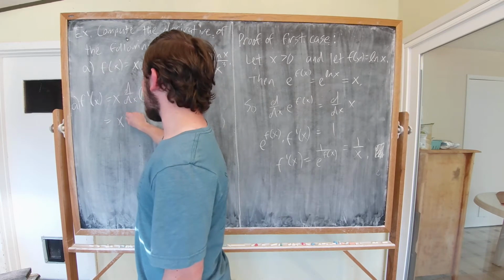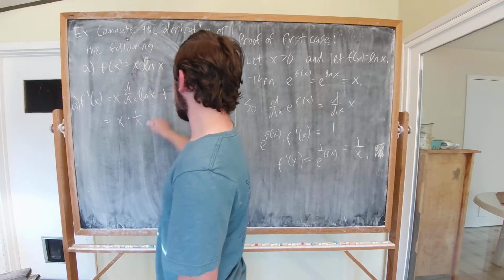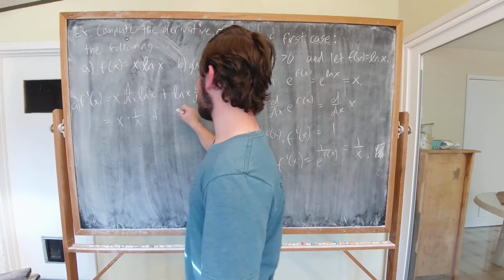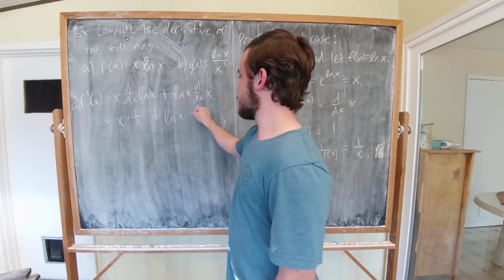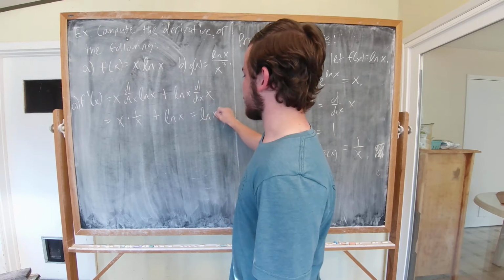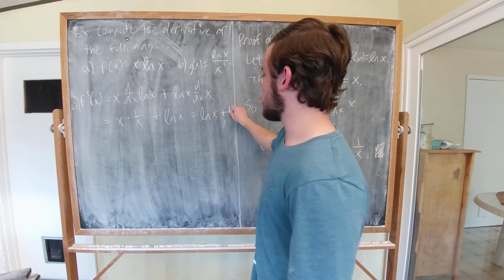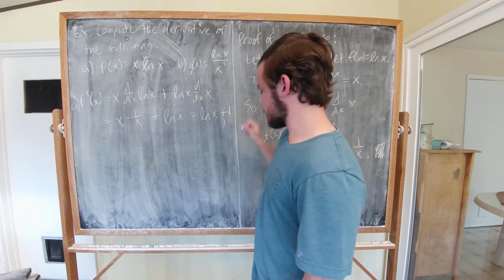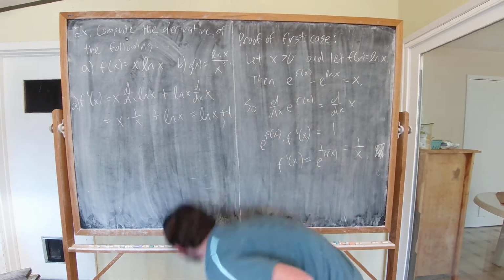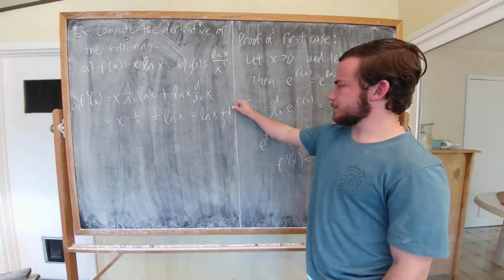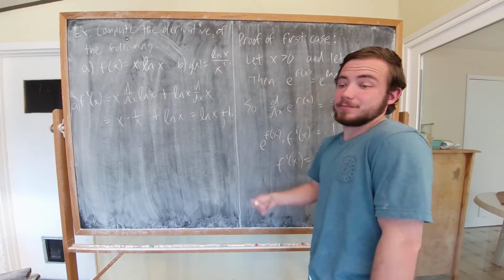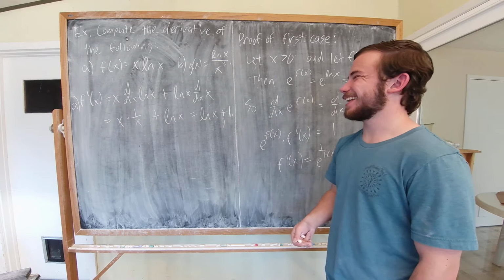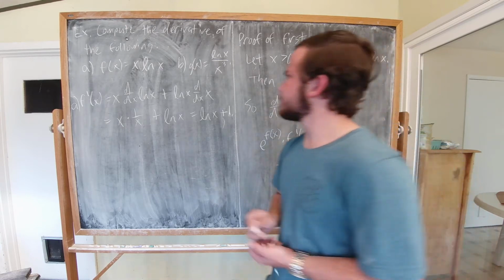So that's x times 1 over x plus the derivative of x, which is just 1, so we're going to have plus natural log of x. It's just natural log of x plus 1. Kind of fancy, the fact that there are no x's left over in that. Cool to me.